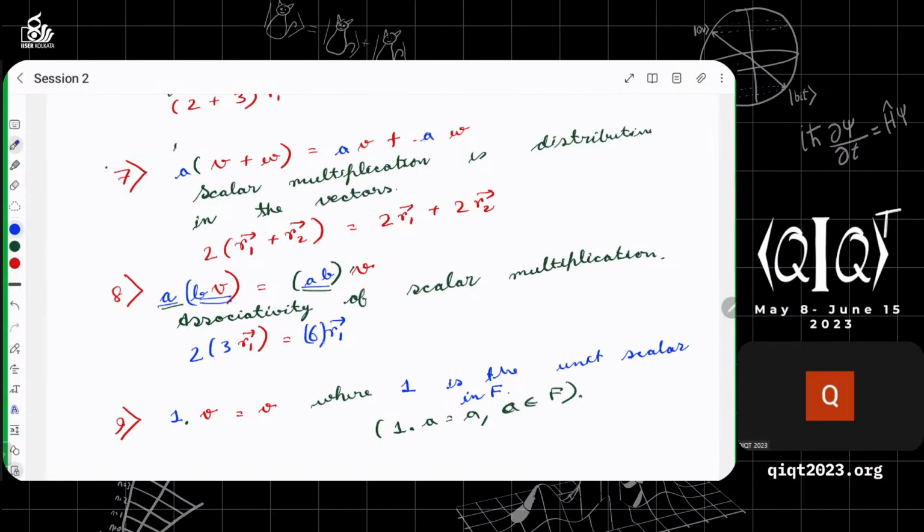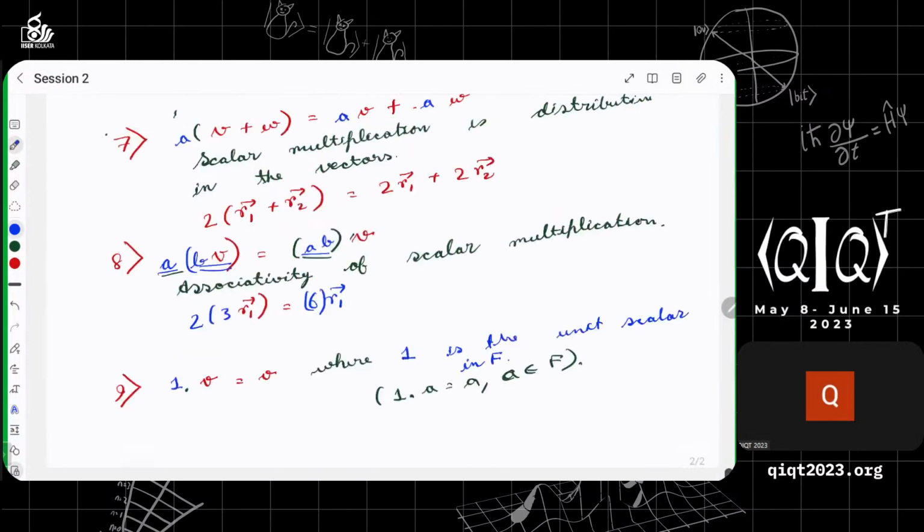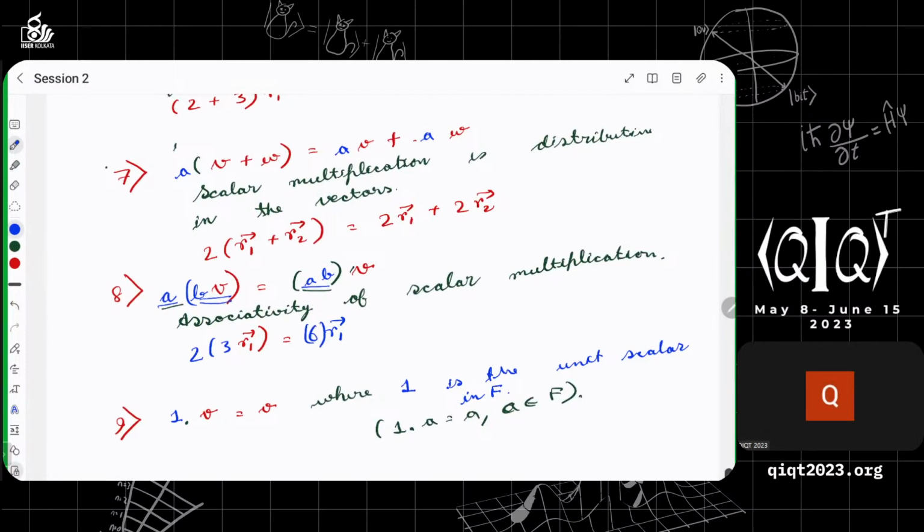Basically, you multiply 2 and 3 first and then multiply it with the vector. And 1 into R1 vector will be R1 vector, where this R1, R2, these are all elements of R3 as we had assumed, and these are of course real numbers.